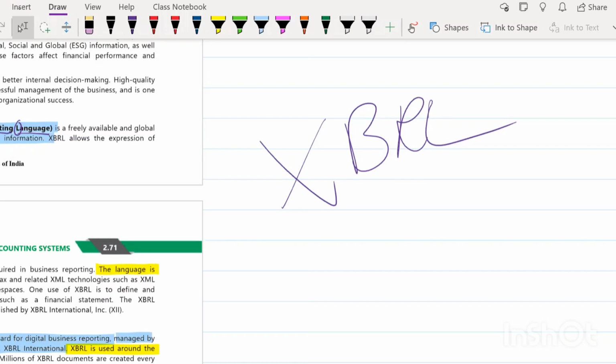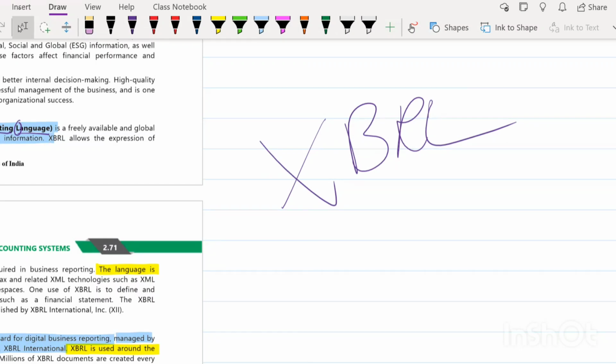This is one of those languages used worldwide, and all of us can understand it. So it becomes easier for you to comprehend and easier for me to teach.